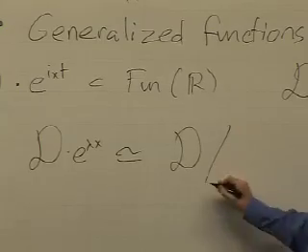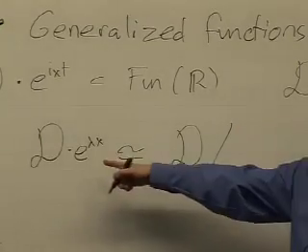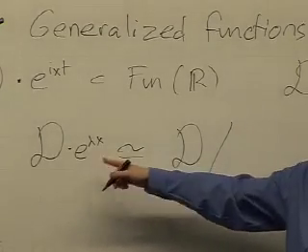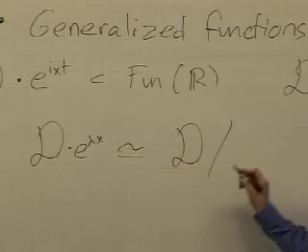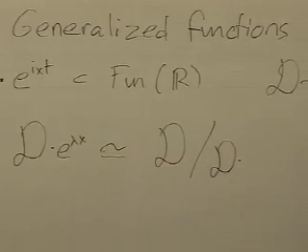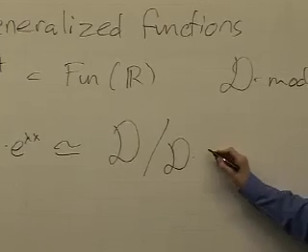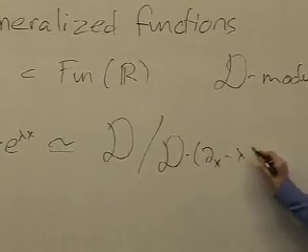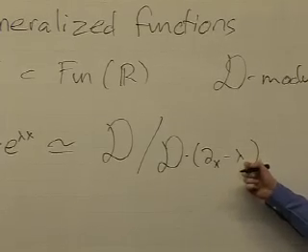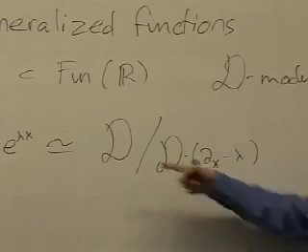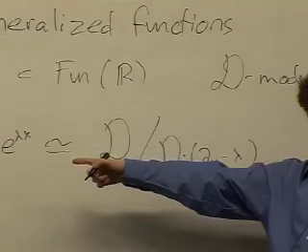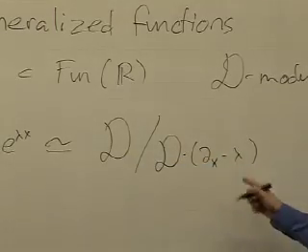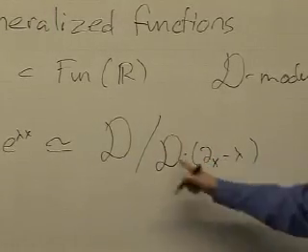This module is generated by a single thing. It's a quotient of D by some ideal. And what ideal do you get? Well, it is annihilated by differentiating and subtracting lambda times the function; this is an algebraic differential equation satisfied by e to the lambda x. So you get this module: differential operators modulo this ideal.